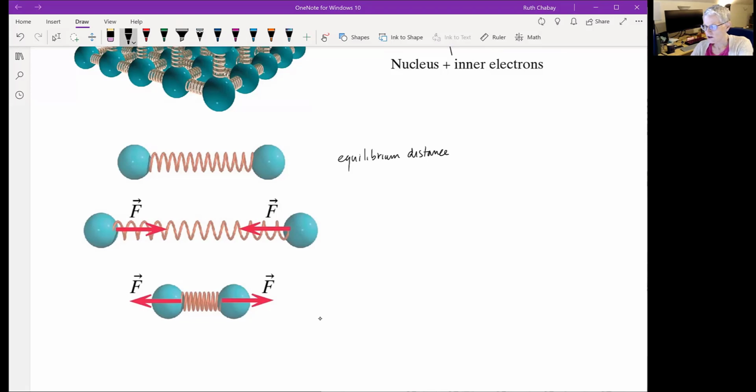If you stretch the spring and pull them apart, stretch the bond, then they're pulled back together. Whereas if you try to push them too close together, they're pushed back. They try to get back to this equilibrium distance. And in fact, this is a very spring-like force because it's proportional to the stretch of the bond. So a spring is a really good model.